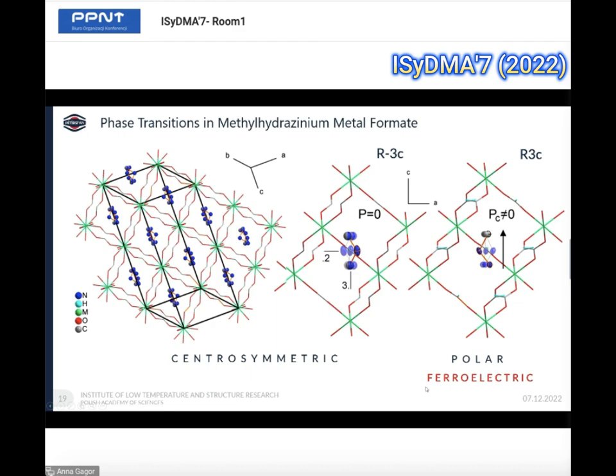We have ferroelectric properties in this material because the current may be reversed.